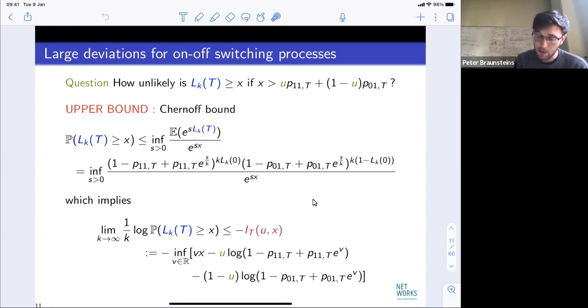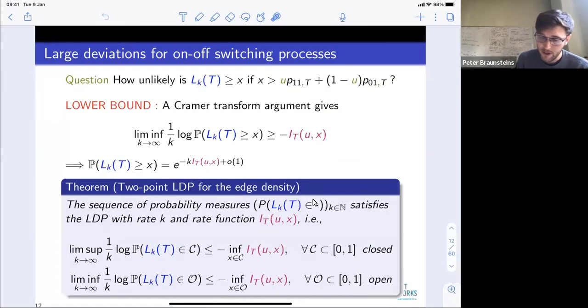So we now need a lower bound, to properly answer this question of how unlikely is the event that the edge density is unusually large. And it turns out that the lower bound is actually exactly the same. So we get the exact same bound as we did before.